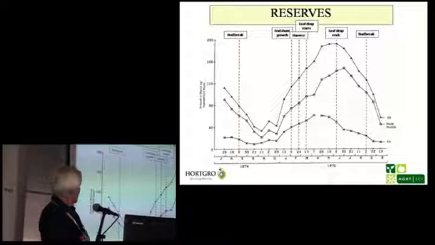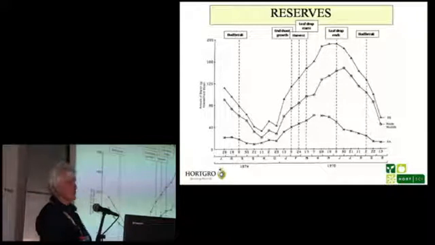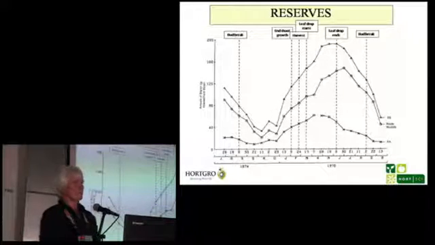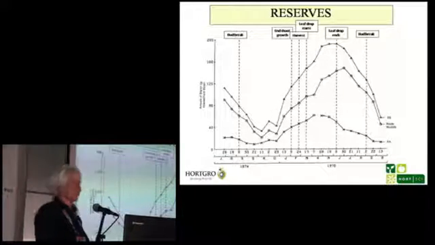It keeps on decreasing. This is bud break, and this is looking at a peach tree, so bud break on the 9th of September. It keeps on decreasing until about 8 to 9 weeks after bud break.